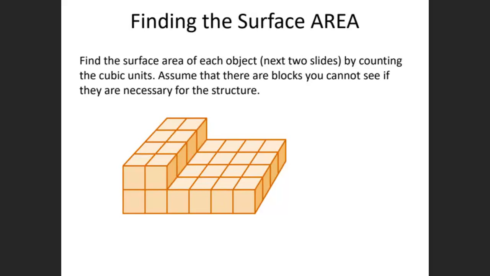Surface area has 6 faces. Now, we're going to do this in parts. When you talk surface area, you are going to have to consider the faces. This is front.